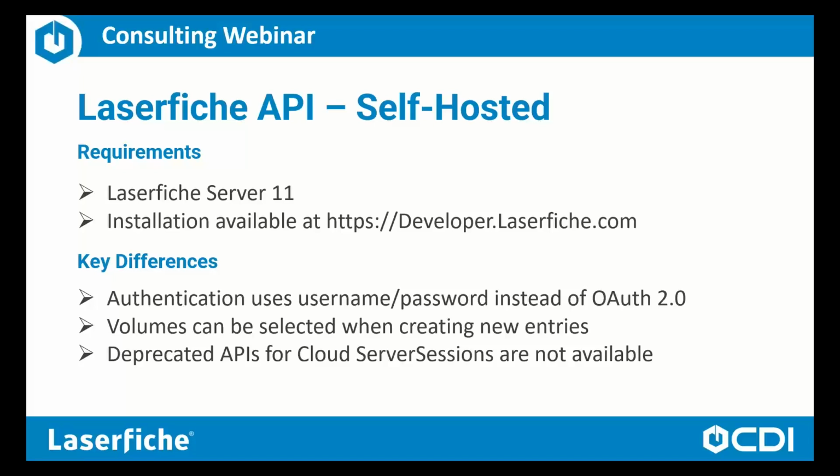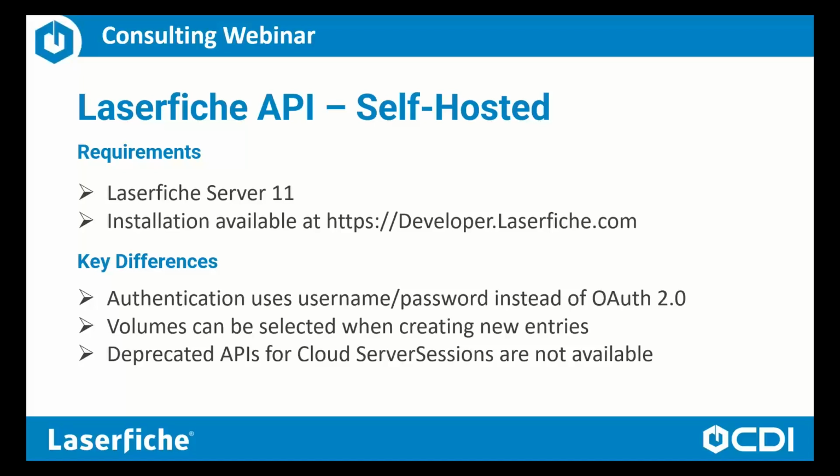The Laserfiche API is identical between self-hosted and cloud environments. There are just a few key differences. Authentication in the self-hosted Laserfiche API uses a username and password, whereas Laserfiche Cloud is going to use the OAuth 2.0 protocol to handle authentication.